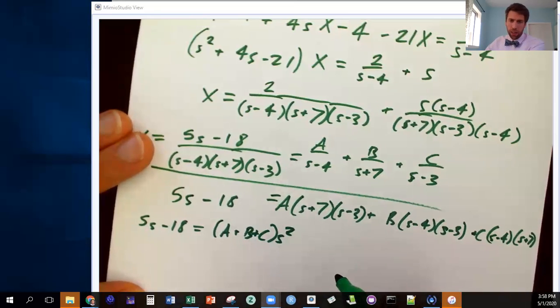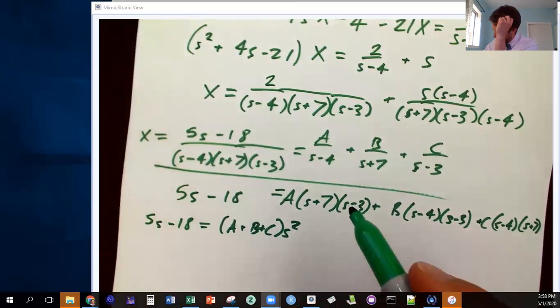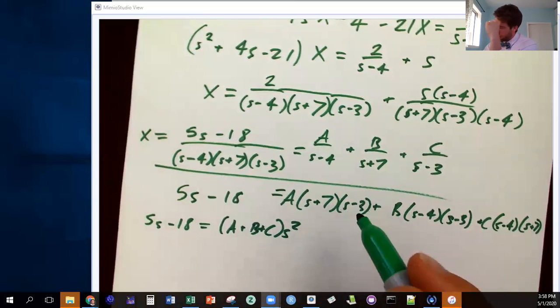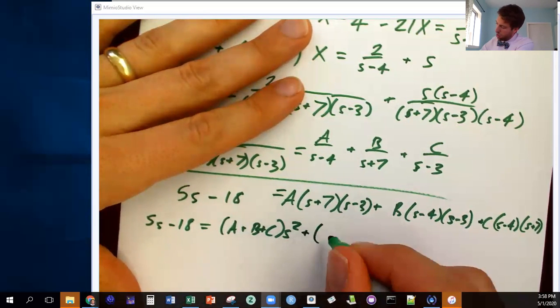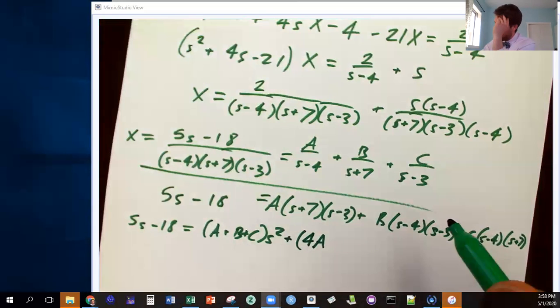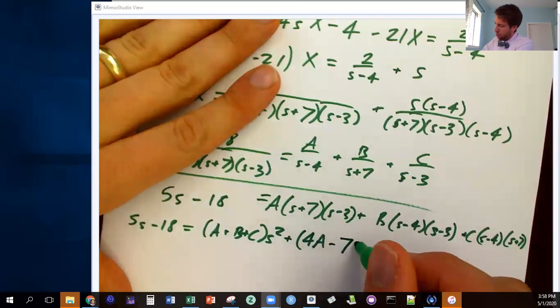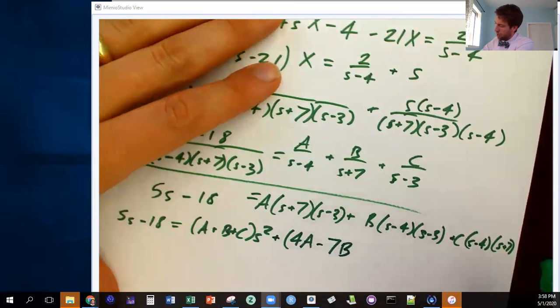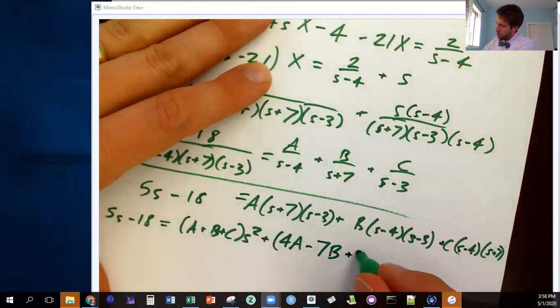Okay, what are my regular s terms? 7 minus 3 is 4A, and then negative 4 minus 3 is negative 7B, and then negative 4 plus 7 is plus 3C, times s.